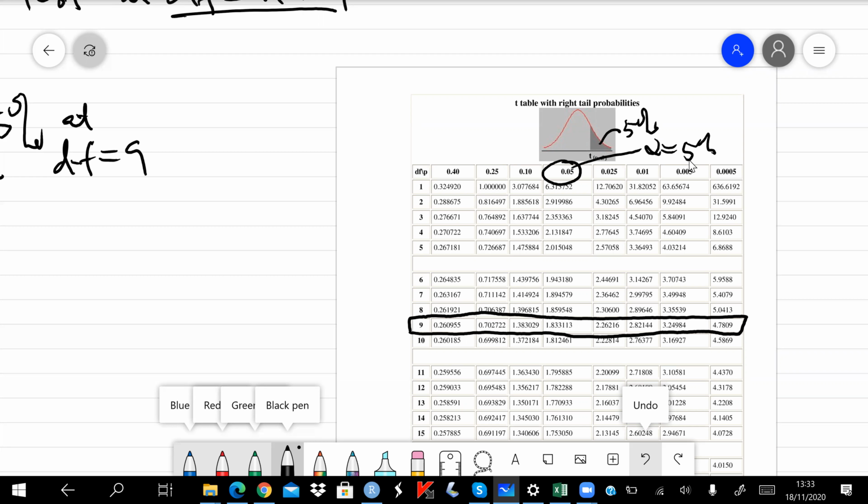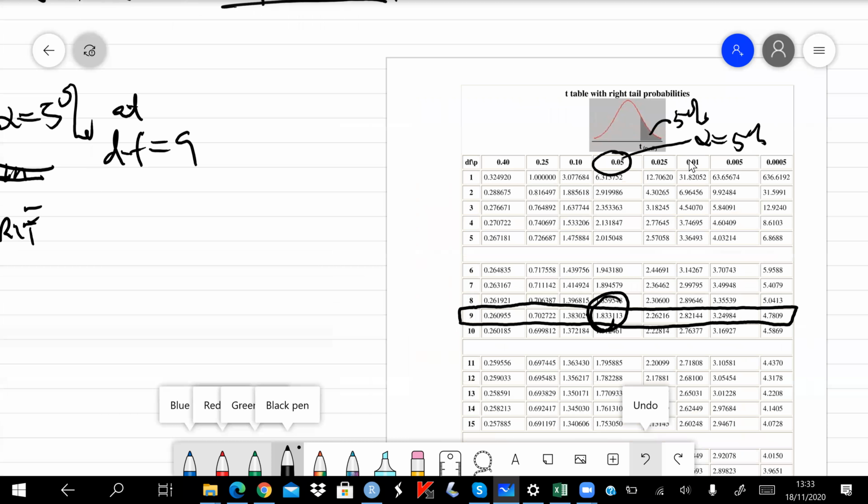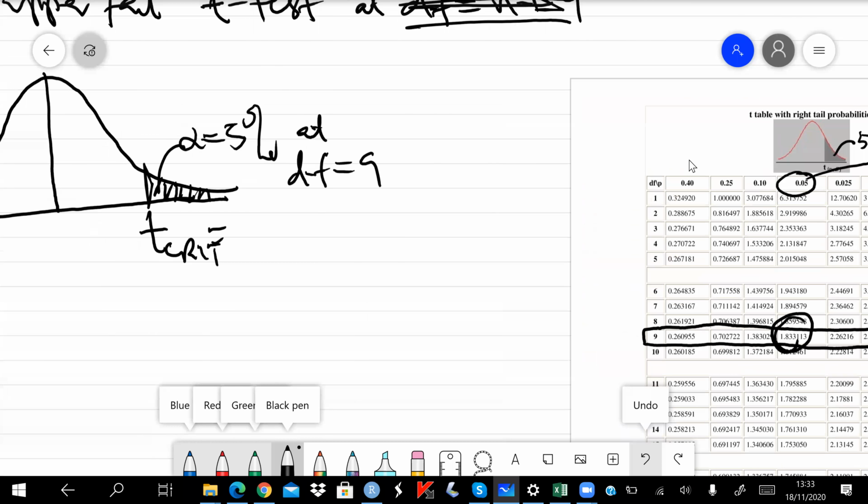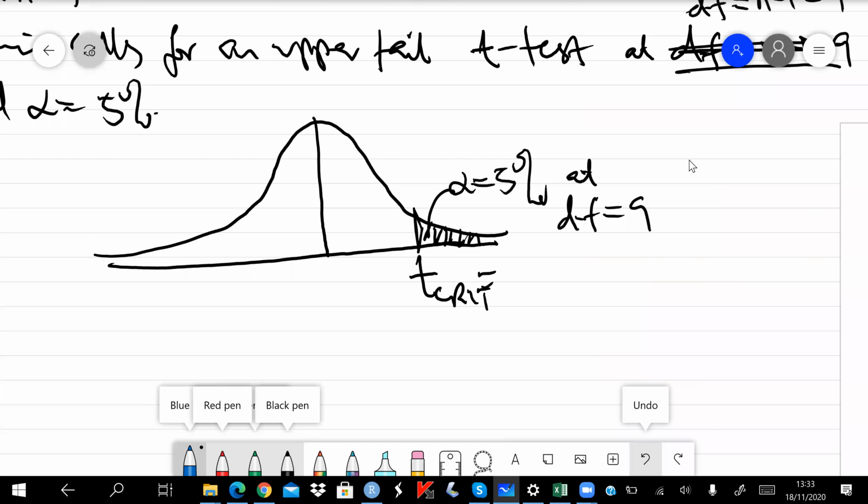So the critical value of t is here, 1.833. You can just stop there. So that's your critical value. Once you get your critical value, this is your acceptance region, and then this is your rejection region.